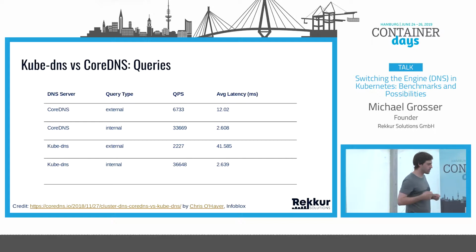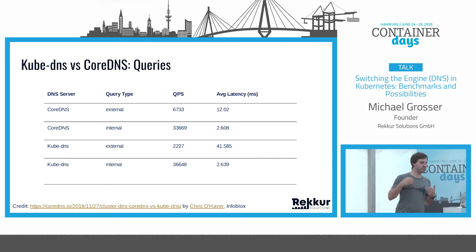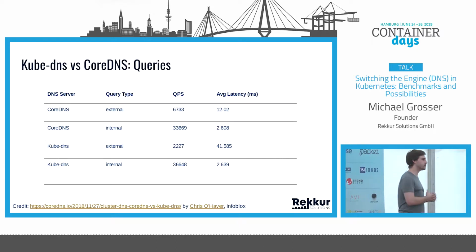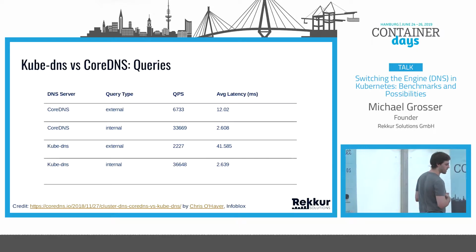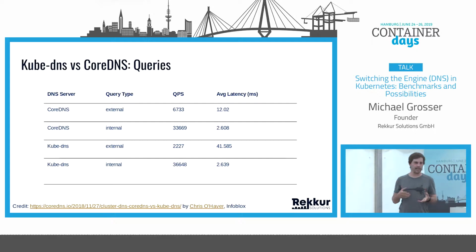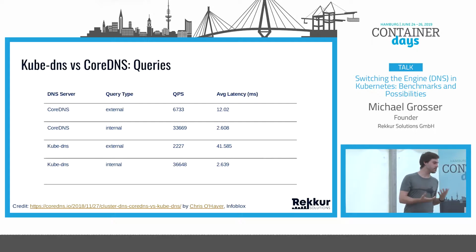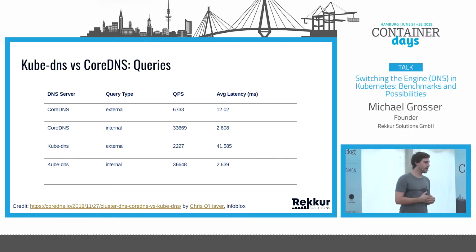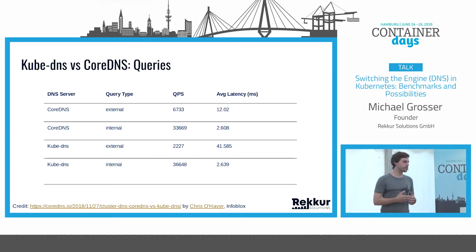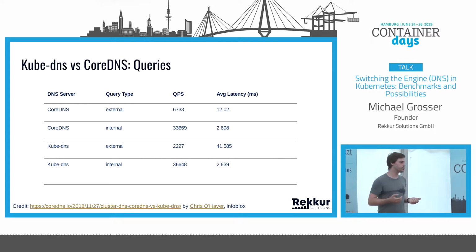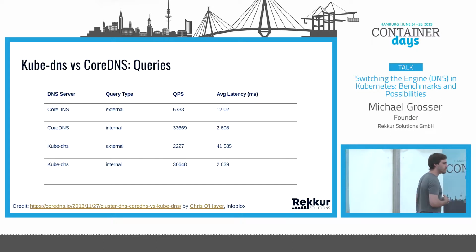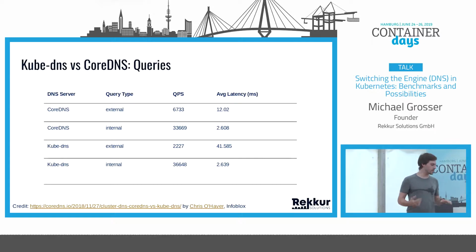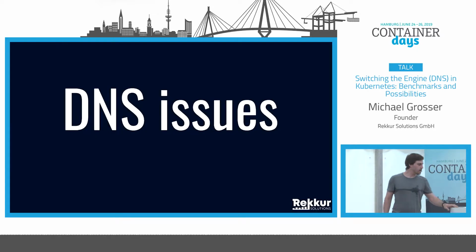So most likely, CoreDNS is not just better in memory allocation, but already better in CPU utilization and query processing. If you didn't do the switch yet and maybe you want to run the benchmarks again, take a look at the work from Chris O'Haver, and if you ran them again with the current versions, please tell us the results, tell us what you found, if that is something that you want to do.